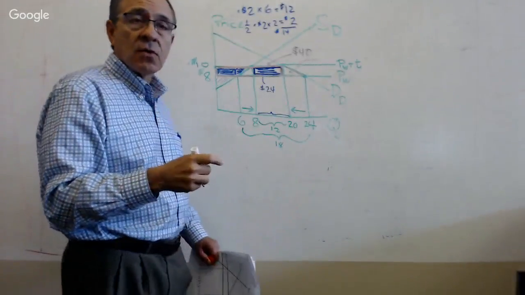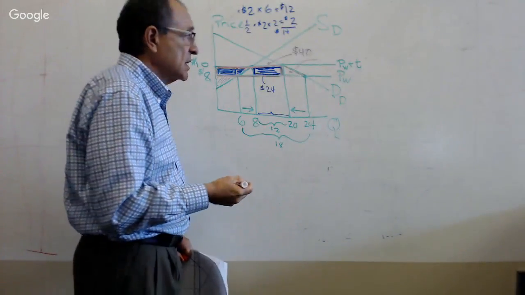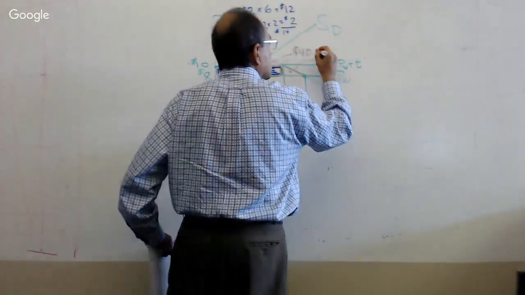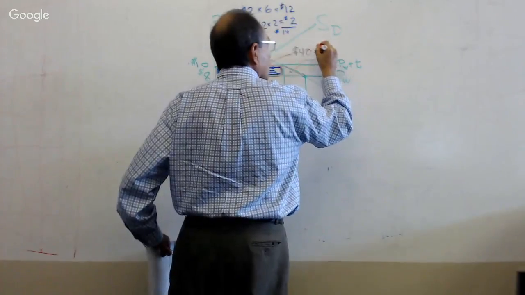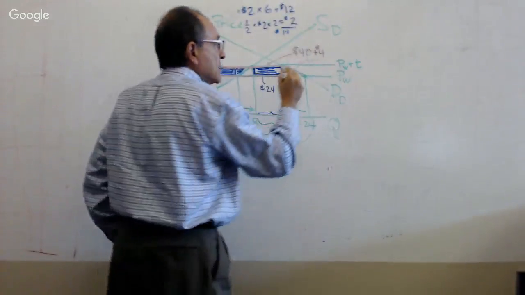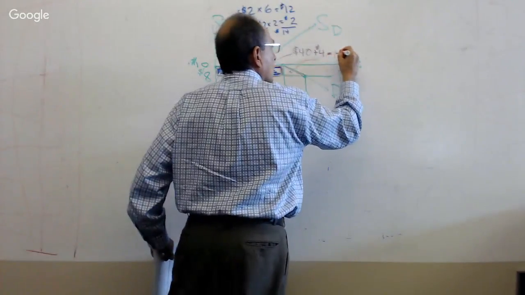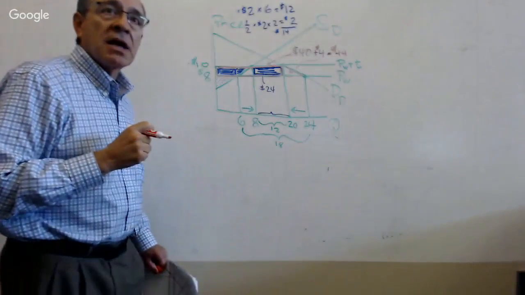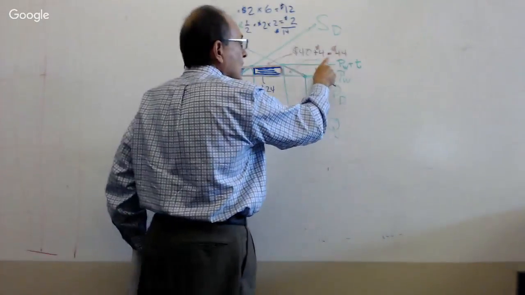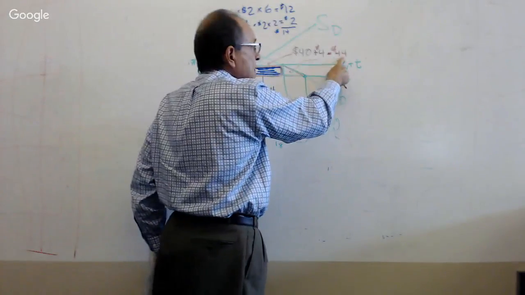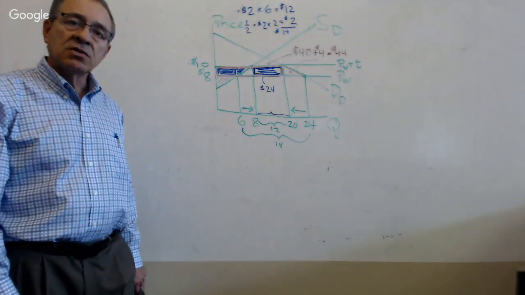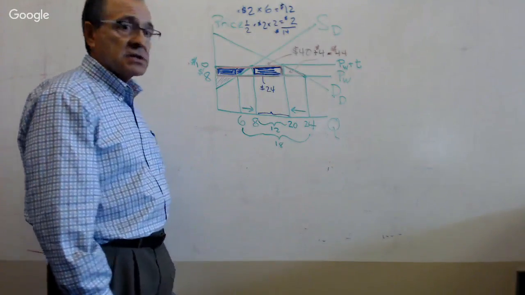So 2 times 4 is $8. Multiplied by 1/2 is $4. So that triangle is $4. So overall that sums to $44. So consumers have lost a total of $44 in consumer surplus.